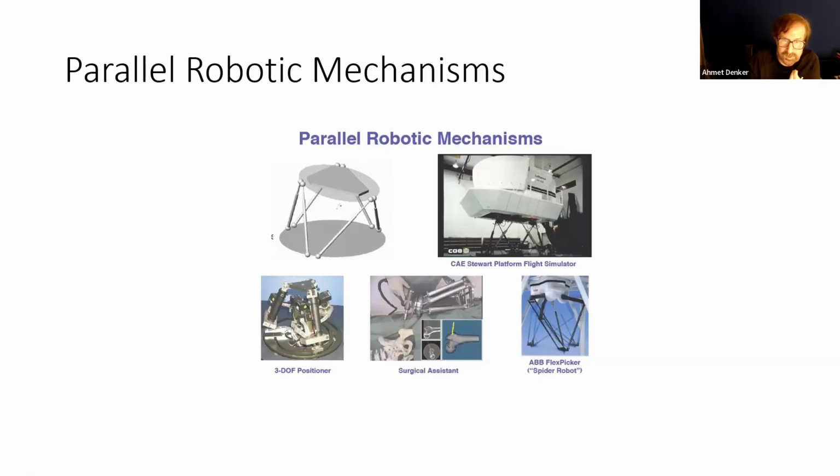Here we have both revolute joints and also prismatic joints. Prismatic joints are used to change the lengths of these base links.